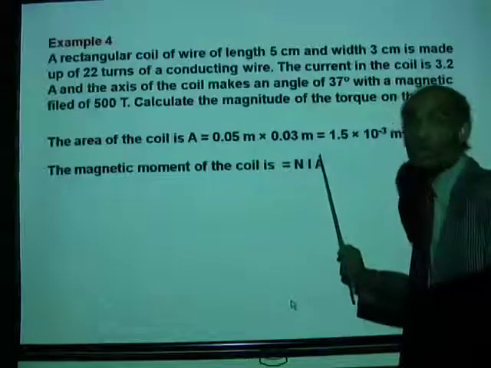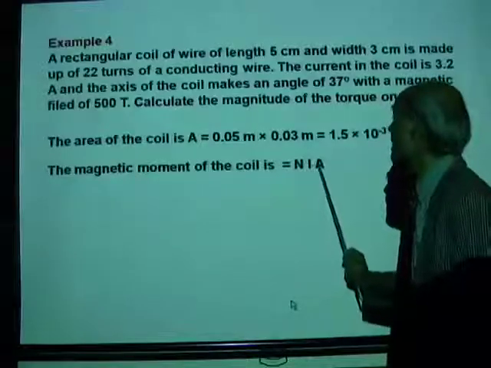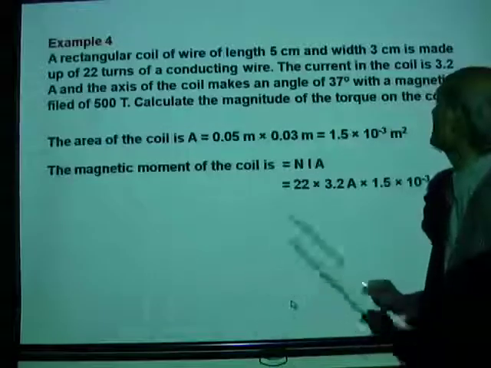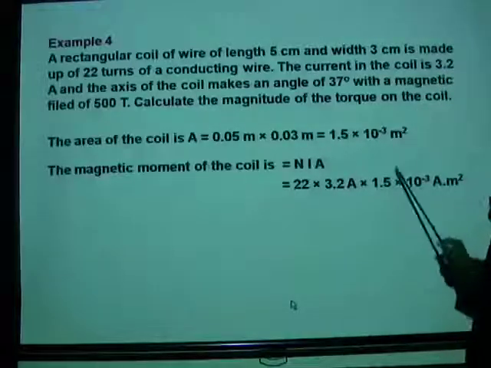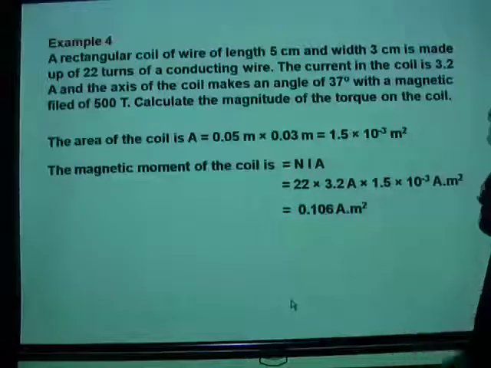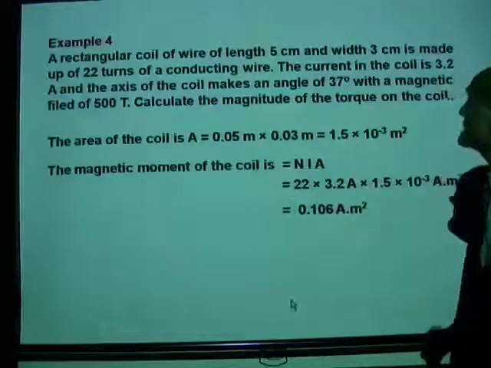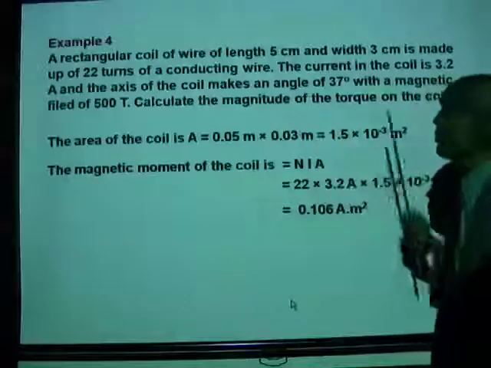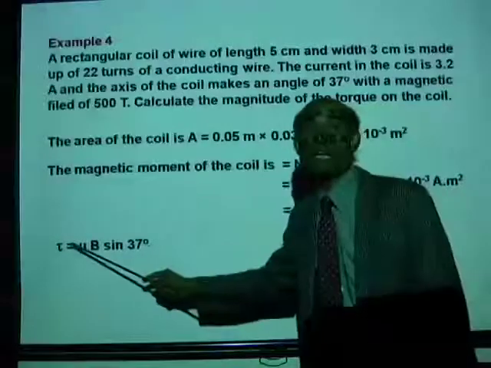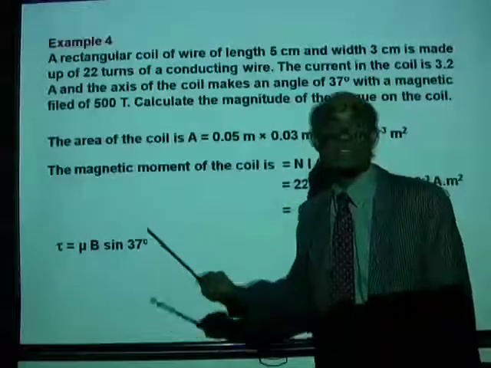That's the quantity we call mu, which is the number of turns multiplied by the current times the area. And that is 22 times 3.2 ampere times that area. That is 0.106 ampere meter squared. Well, we need to find the torque. And the torque is mu B sine theta. Is that right?